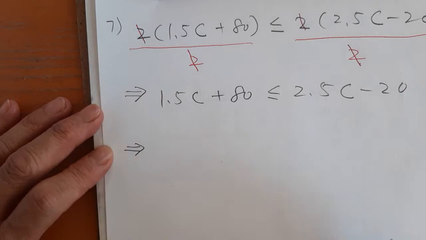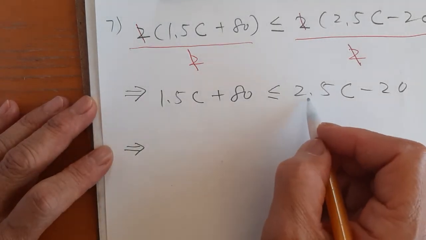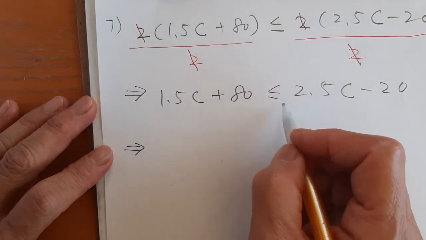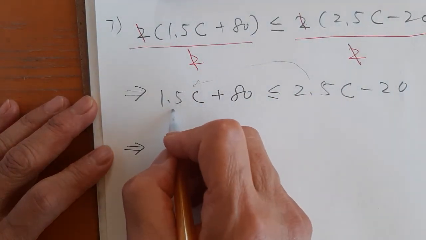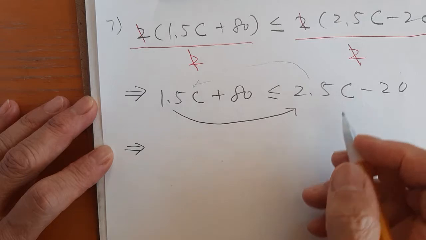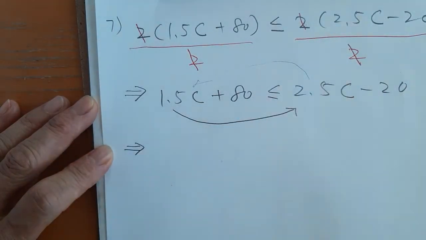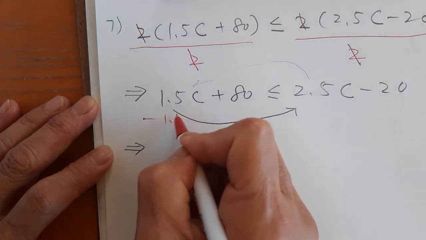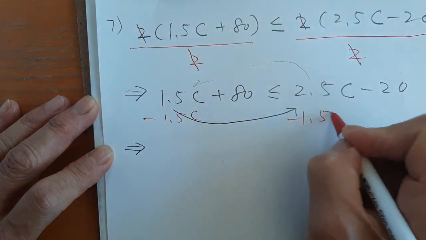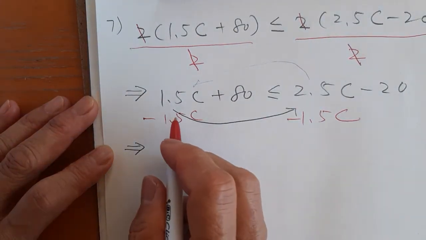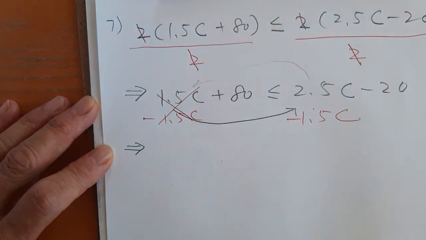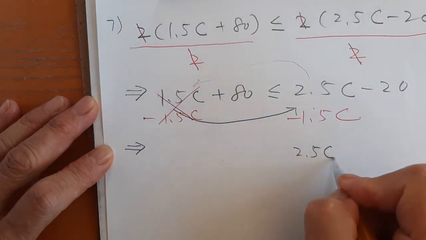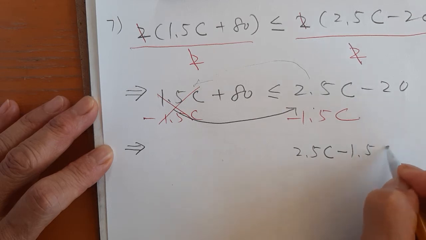And then because I want to keep the C term positive, I move this to this side. Change the sign, which is minus 1.5C. The shortcut way is move over, change the sign, put this side, become 2.5C minus 1.5C.